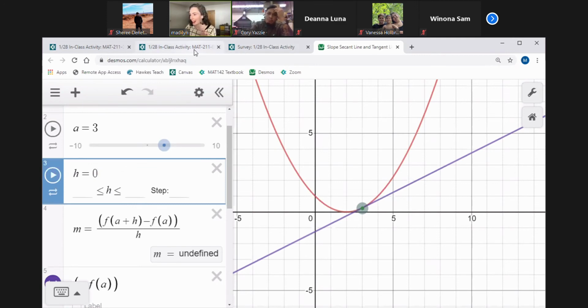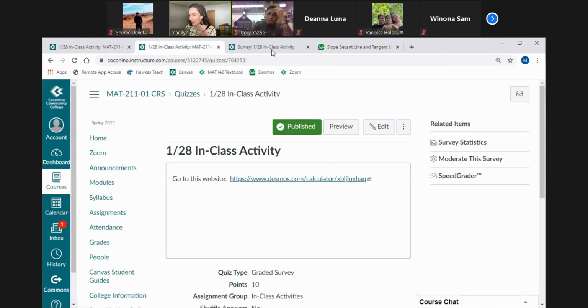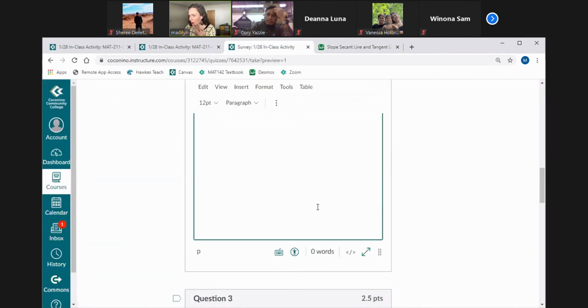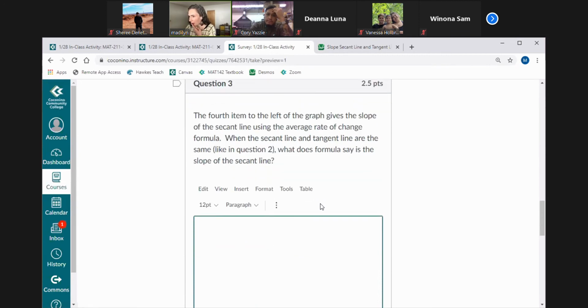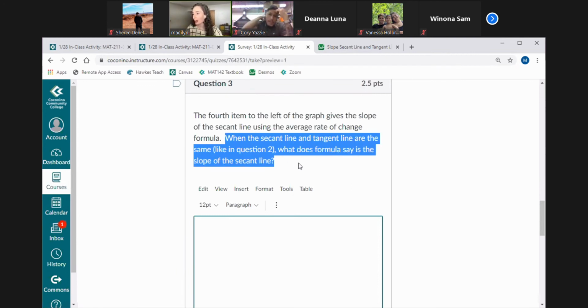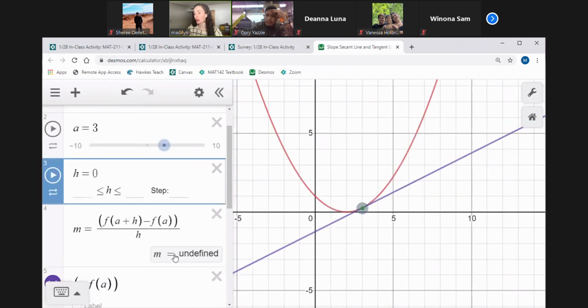And that was the part of the next question. Oh yeah. So the fourth item on the graph gives a slope. And so the question was, when these two are the same, what does the formula say the slope is?